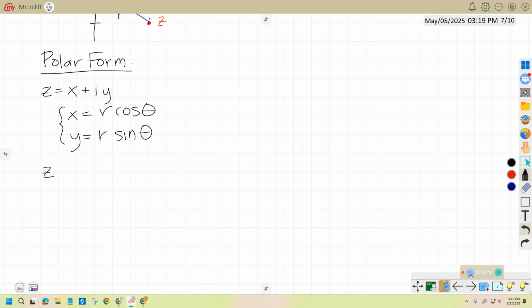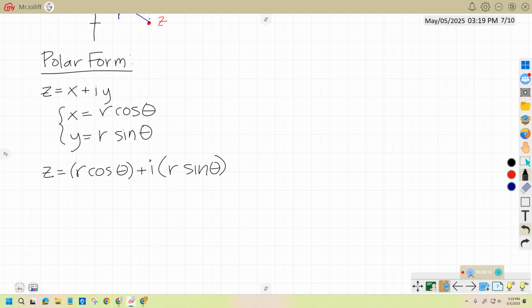So I have z equals, and where I had x before, now I have r cos theta plus i, and then y becomes r sine theta. Just replacing x and y with r and theta.